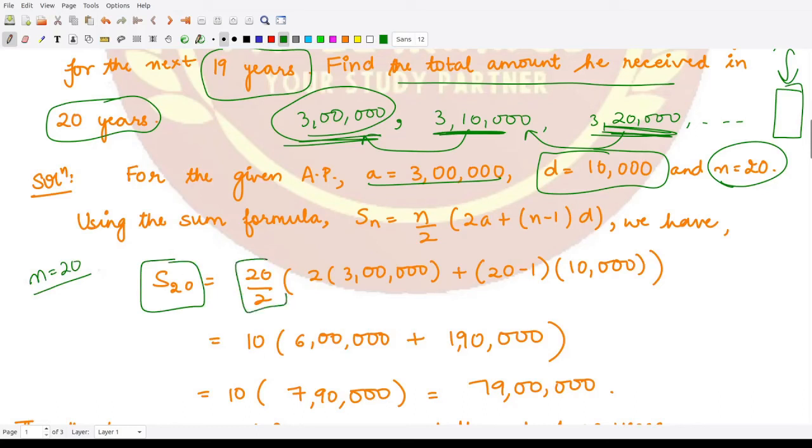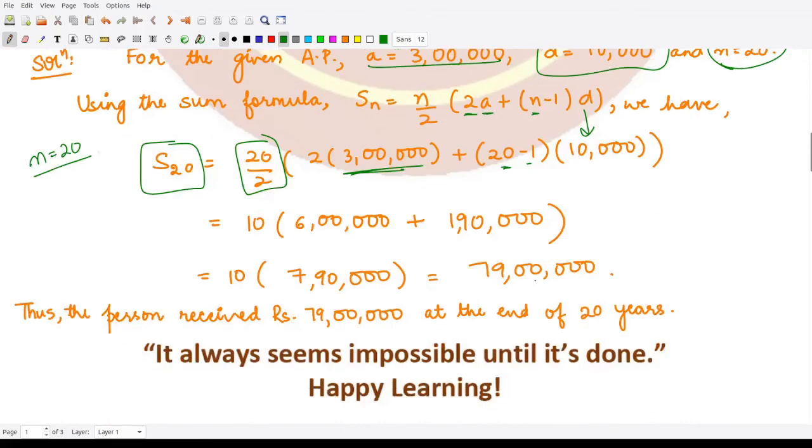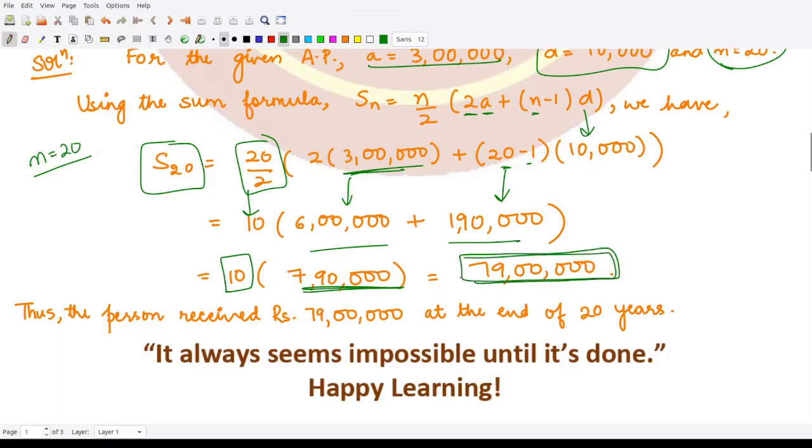So that means 20 by 2 here, times 2 into the value of a, which is 3 lakh, plus 20 minus 1 times d, which is 10,000. So we just have to solve this, so that we have 10 here, 6 lakh here, 19 into 10,000, right? So that would be 1,90,000. When you add them, you would have 7,90,000, and when you multiply it by 10, you would have 79 lakh. So this is the amount of money that you will have at the end of 20 years.